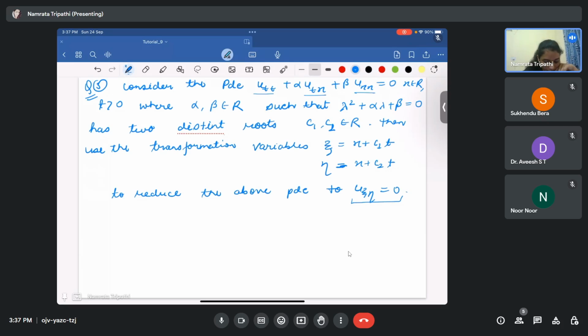U is a function of T and X, and T and X are functions of xi and eta, so you have to apply chain rule. Can we first evaluate UX, UT, and of course UXX? You can evaluate UX also, UT also, as you wish.